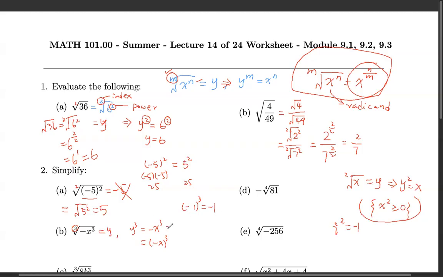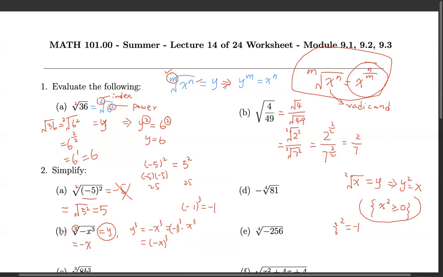We can think of this as -1 multiplied by x raised by 3, and -1 is the same as -1 raised by 3. Then we put them together, that's -1 times x, which is -x raised by 3. So in this case, it equals -x. You don't really need to write this, but it just helps us understand what is going on.